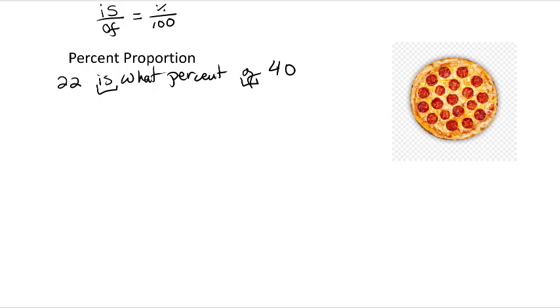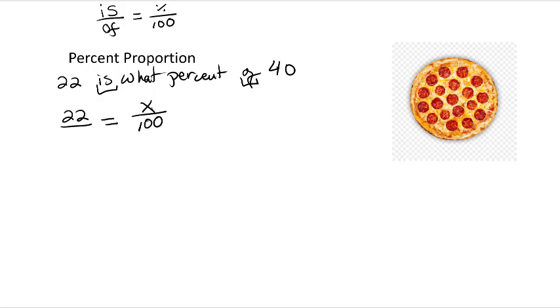So let's answer this. The ratio of 22 to 100 is equal to the percentage in number, which we will try to find out, divided by 100. Whoops, I made a mistake here. It's not 100, but should be 40.